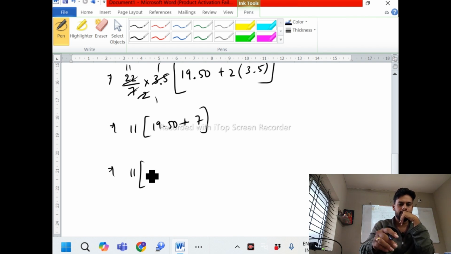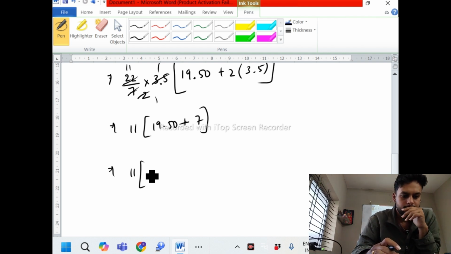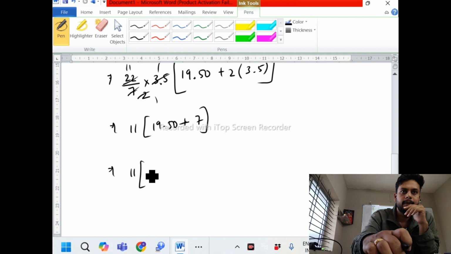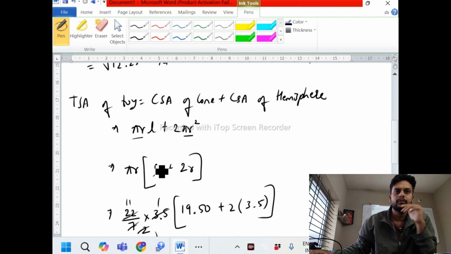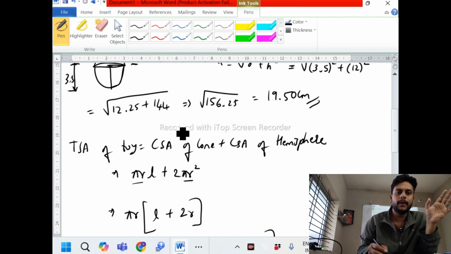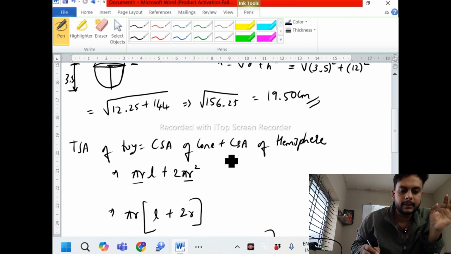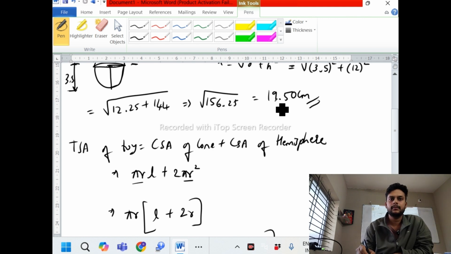Sorry. Check how much it is. One second. L is 12.50 it seems. I thought it is 19, it is 12. Square root of 156.25 is 12.50.